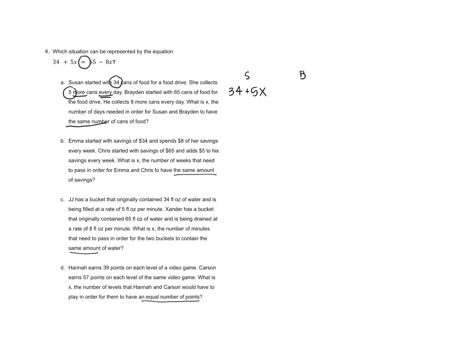Let's check Braden. Braden starts with 65 cans of food for the food drive, constant, and he collects 8 more every day, so plus 8 times X. This is a great equation, but it doesn't match the one we were provided because we're adding 8, so cross off answer choice A. Next up, we're comparing Emma to Chris.